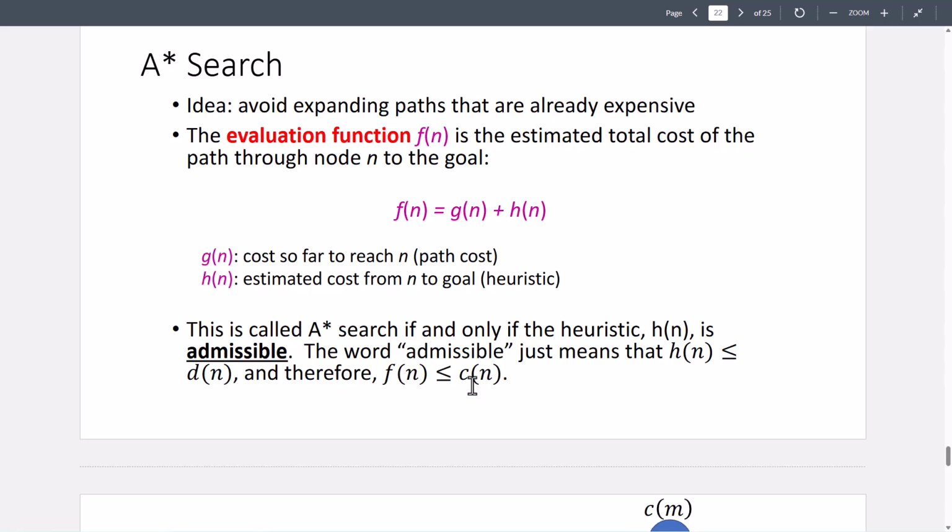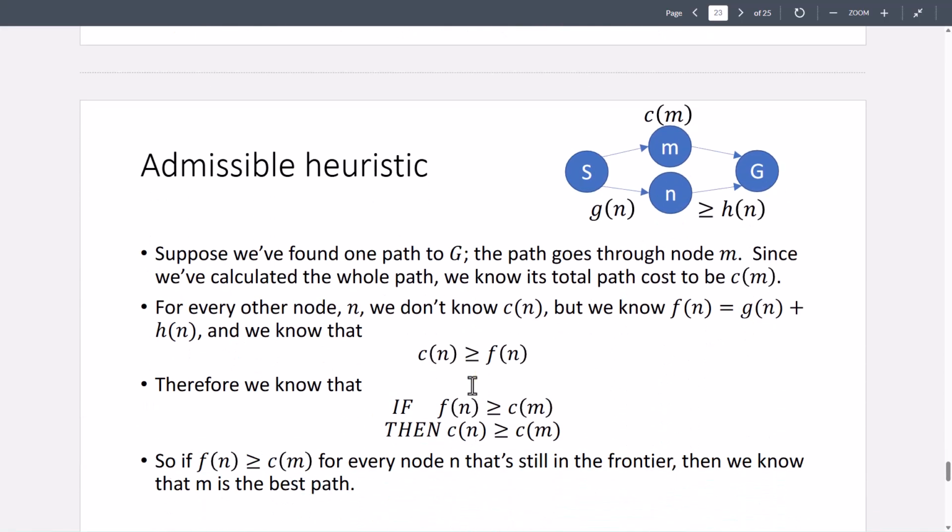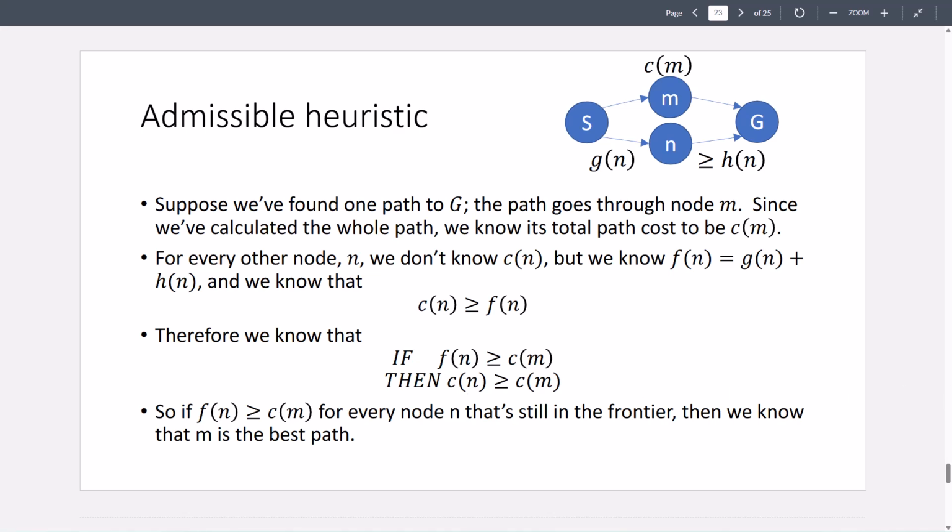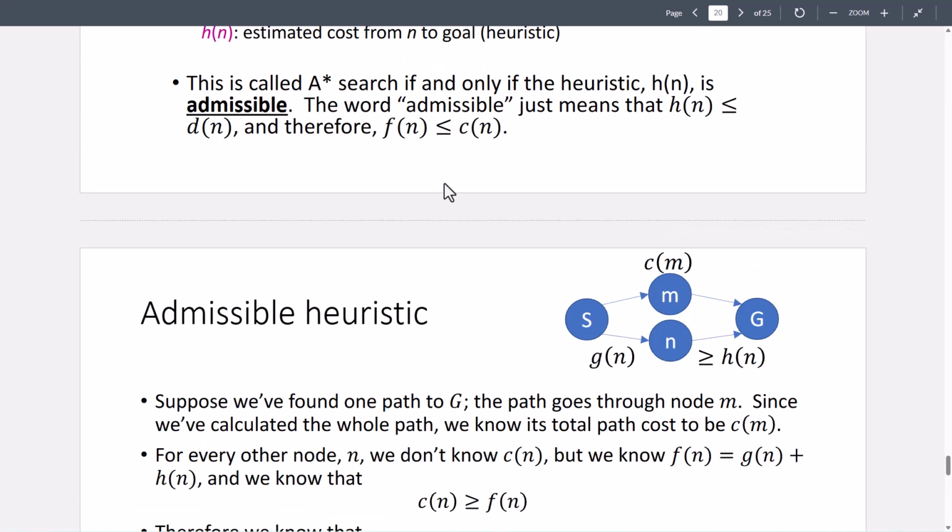So we need to talk about admissibility and consistency now. For A star to be both complete and optimal, the heuristic must satisfy admissibility and consistency. Admissibility: a heuristic is admissible if it never overestimates the true cost. Never overestimates the true cost.